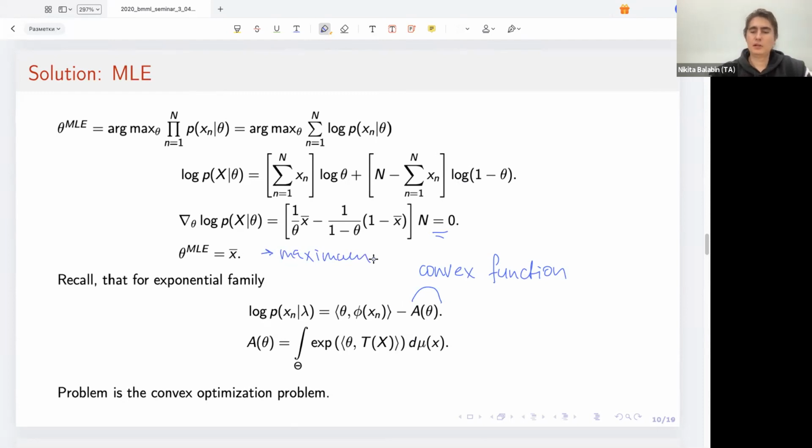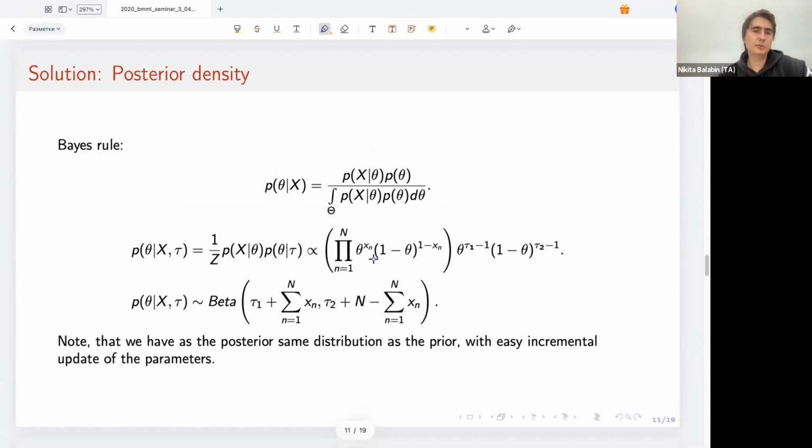Okay. Next, we try to find the posterior distribution. We apply Bayes rule, and we see that it is proportional to the likelihood multiplied by our prior.